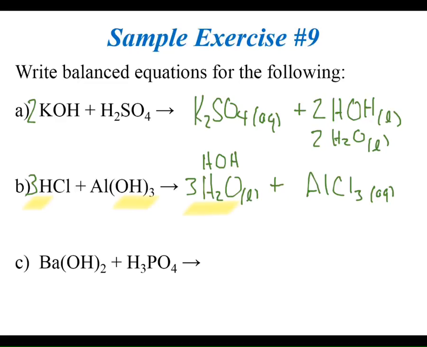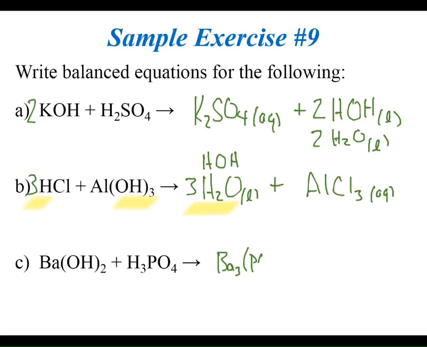Try the last one. This is a fun one. Oh man, but we need to speed up actually, so make it quick. Barium with phosphate. Barium's 2 plus, phosphate's 3 minus. So what's barium phosphate's formula?